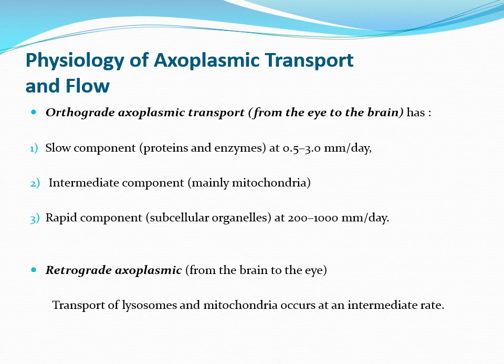The orthograde transport has a slow component, proteins and enzymes, at 0.5 to 3 mm per day; an intermediate component, mainly mitochondria; and a rapid component, subcellular organelles, at 200 to 1000 millimeters per day. Then there is retrograde axoplasmic transport, which travels the reverse way from brain to the eye, which is transport of lysosomes and mitochondria, which occurs at an intermediate rate.